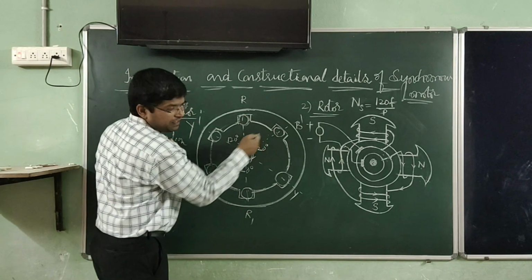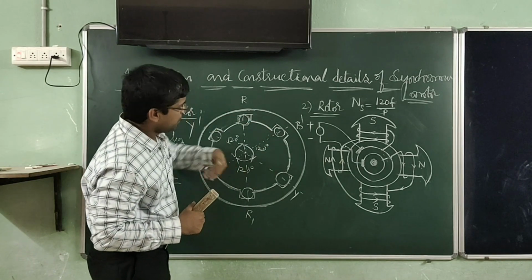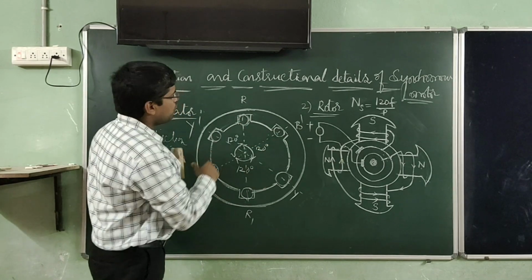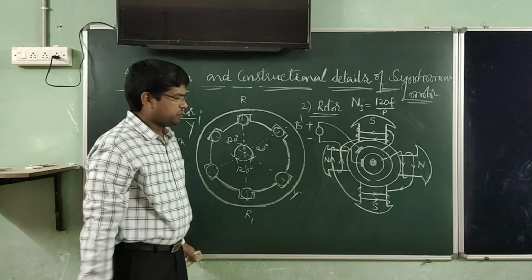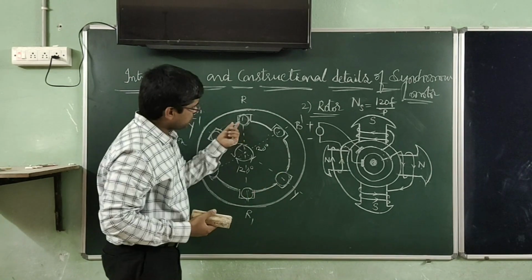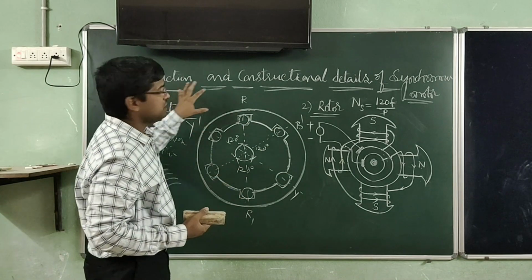This is called the three-phase stator winding. Since it is placed in the stator slots, we can also call it the stator winding. It is made of copper. So this is a simple understanding of the stator of the synchronous machine.